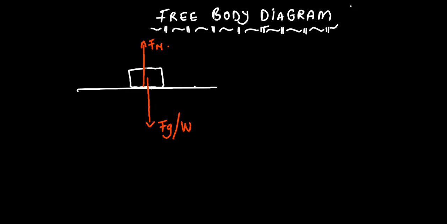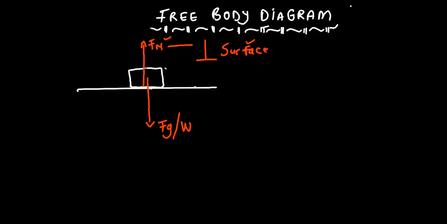Before we move on, please let it be known that this force, the normal force, is always perpendicular to the surface. So in every scenario that you get, the normal force will always be perpendicular to the surface.